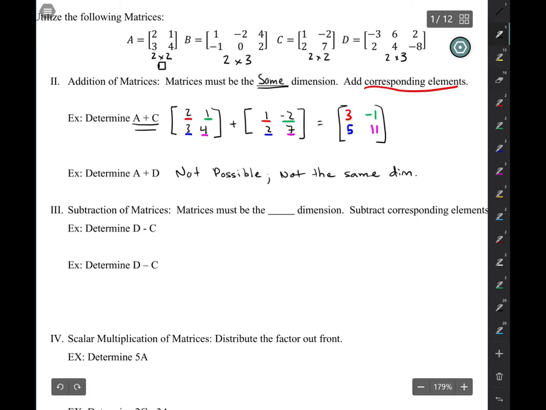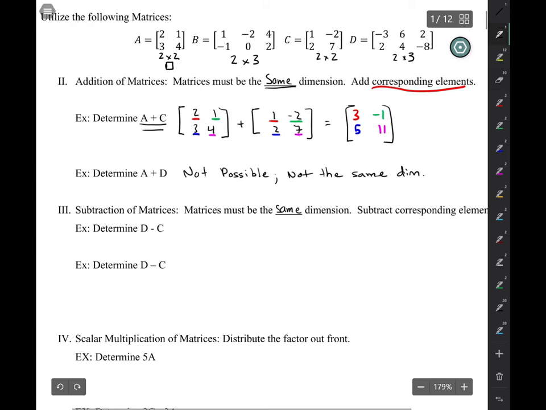Subtraction, really, again, same idea. Now they must be the same dimension, once again, and you can subtract corresponding elements. So if we want to take D minus C, okay, D is negative 3, 6, and 2, and then 2, 4, negative 8. And if we want to subtract matrix C, let's do 1, negative 2, 2, and 7.